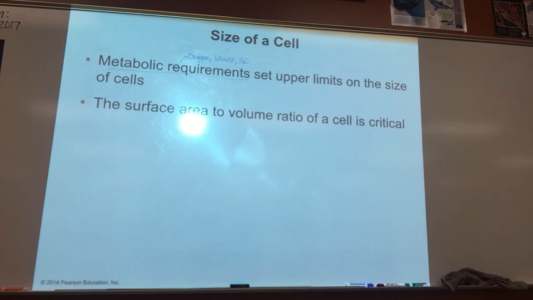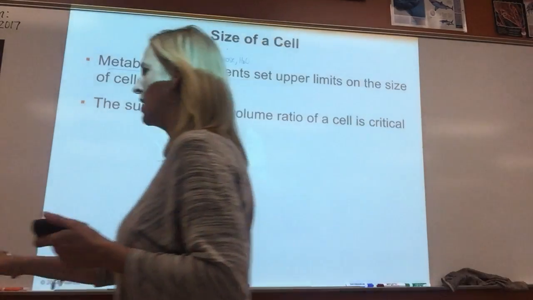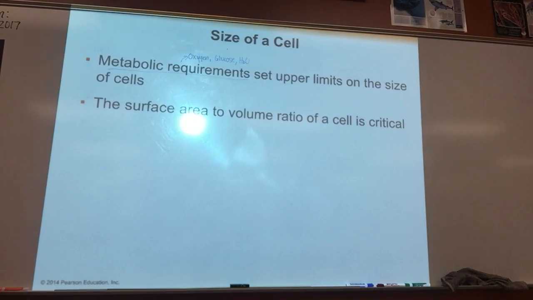And so what I'd like you to do is take a look at the third sheet of paper that you got here. It says calculating surface area to volume ratios. The top part of that page talks about surface area and volume.